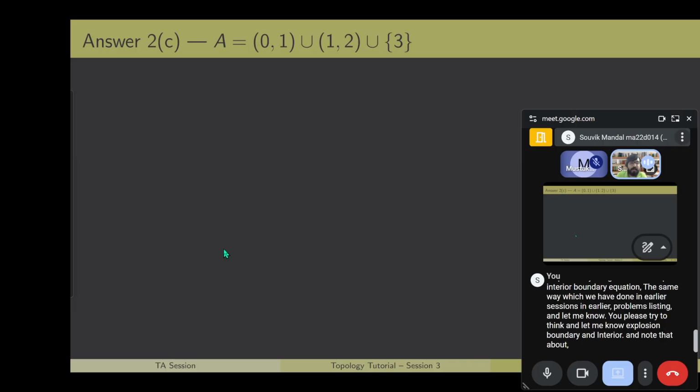Note that the boundary of A is equal to closure minus interior. So that's what you have in hand. Please use this and solve this problem. Take your time.